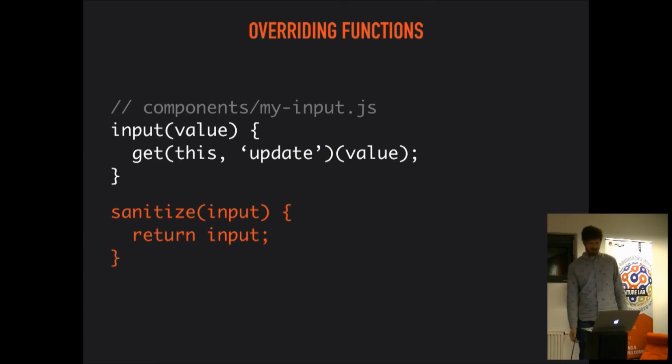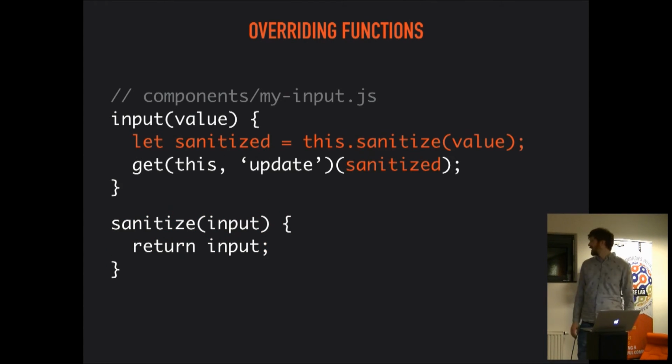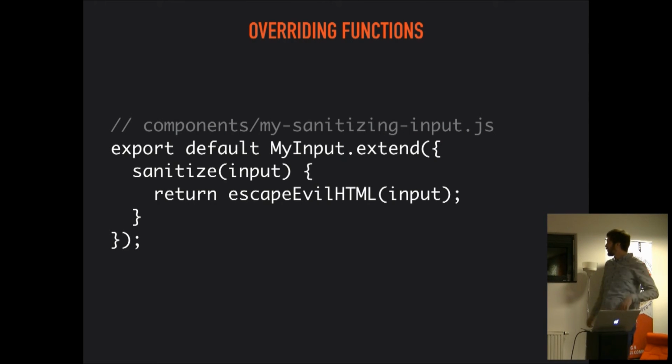That's your base component. And then we need to add this little snippet to sanitize: call the sanitize function with the value, and then pass the sanitized value instead of the value passed into the input action. Normally what you would do is extend that component.